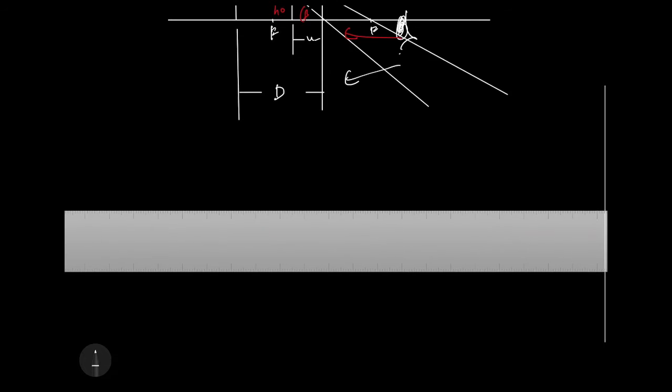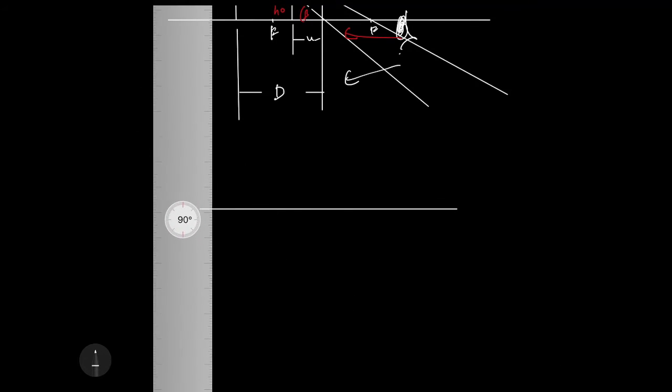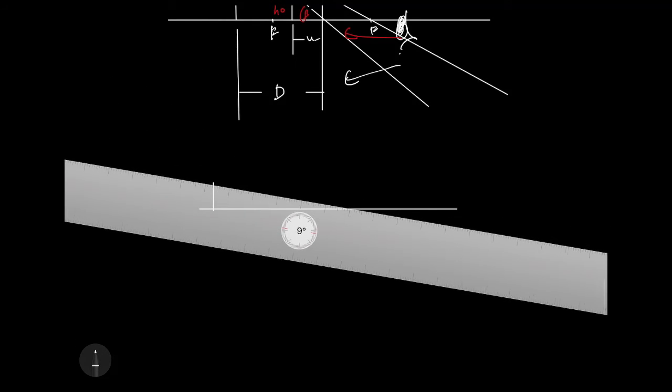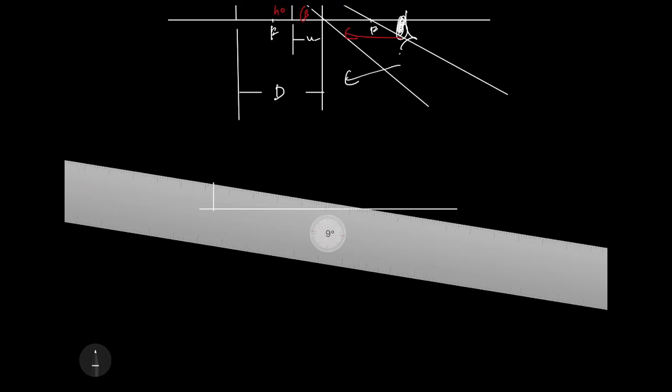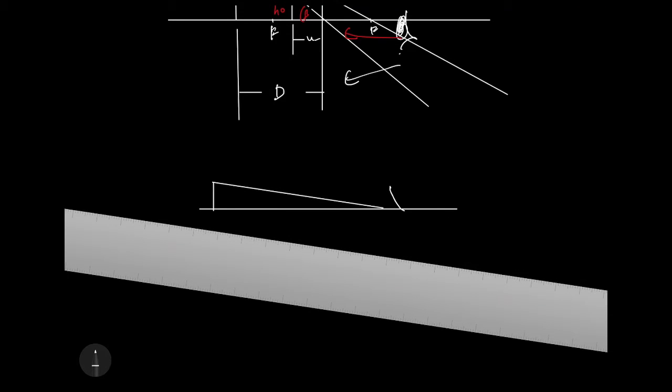Now we also know that before you used a microscope to view this object, you viewed it with a naked eye, and the eye was here, and the object height is HO.